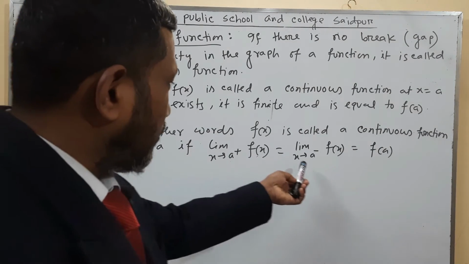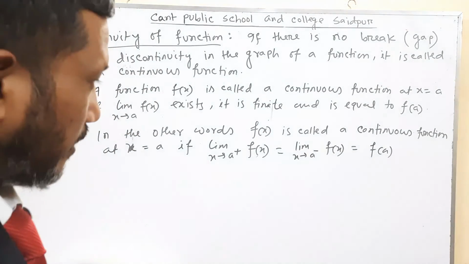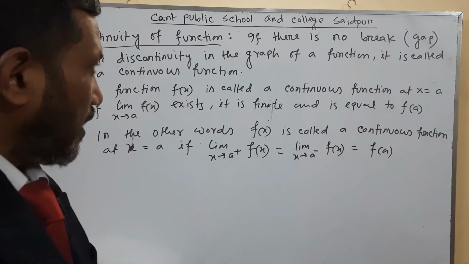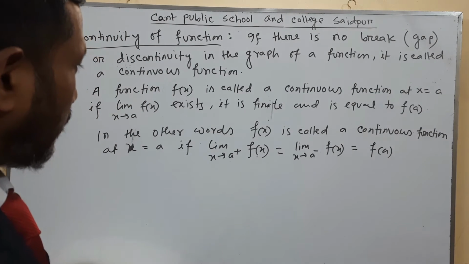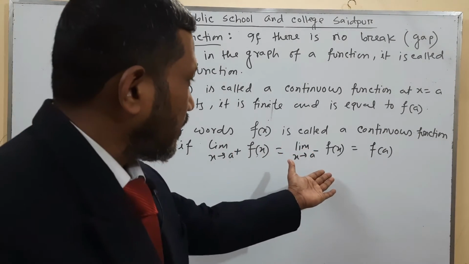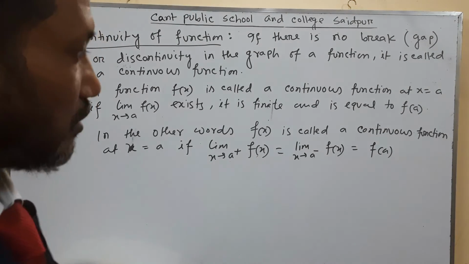If right hand limit is equal to left hand limit is equal to functional value, then we can tell easily the function is continuous.